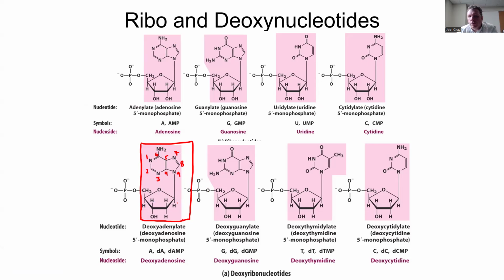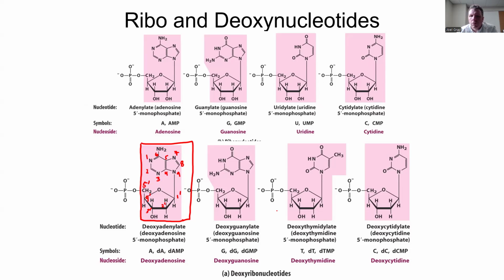Now, when I go to number the atoms of my sugar: 1 prime, 2 prime, 3 prime, 4 prime, and 5 prime. Now, there's nothing special that has happened to any of these atoms. It's just the numbering and the naming convention. These are kind of the rules that we follow.